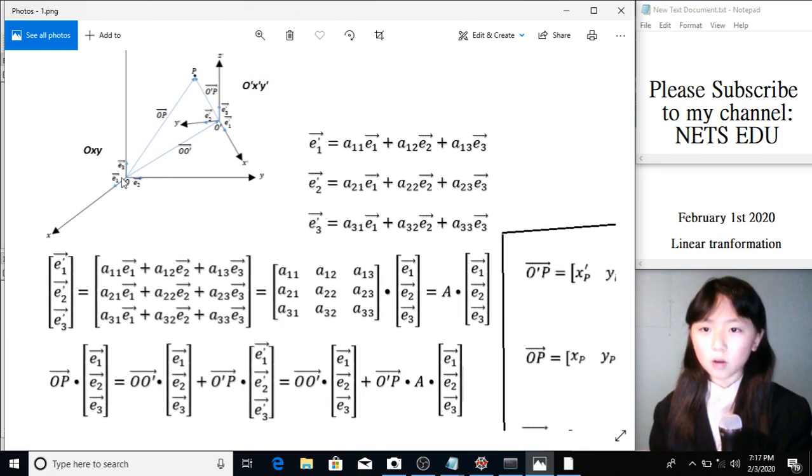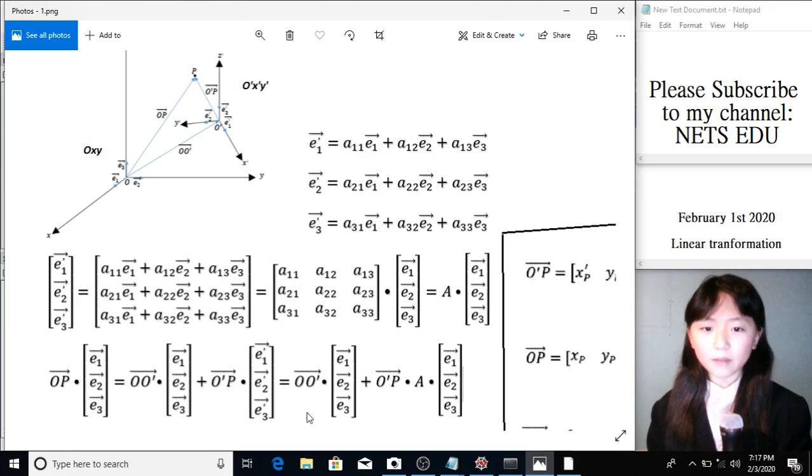The vector OP is what we want to find right now. So currently we have the coordinates P, which are relative to our imaginary coordinates. We want to find P relative to our original coordinates.